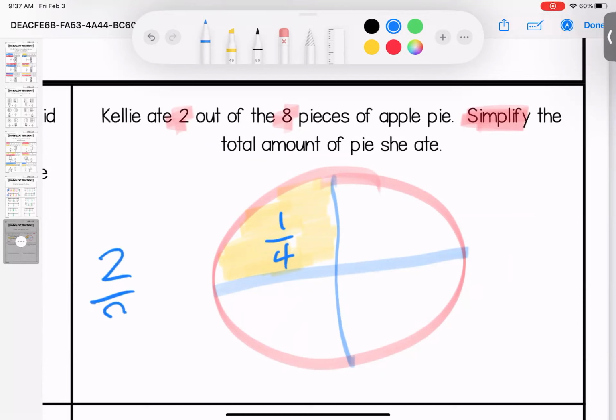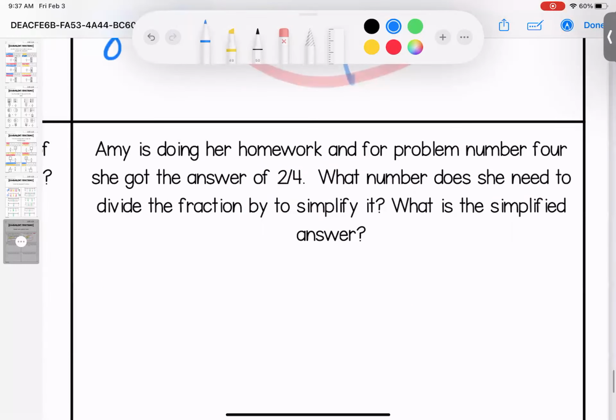So 2/8 is the same as 1/4. When we simplify, we're giving the same amount in smaller numbers. We want to get the biggest piece that we can without having it cut up too much.